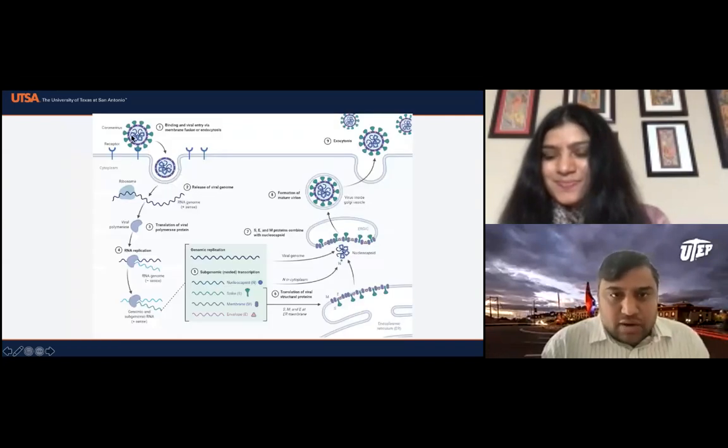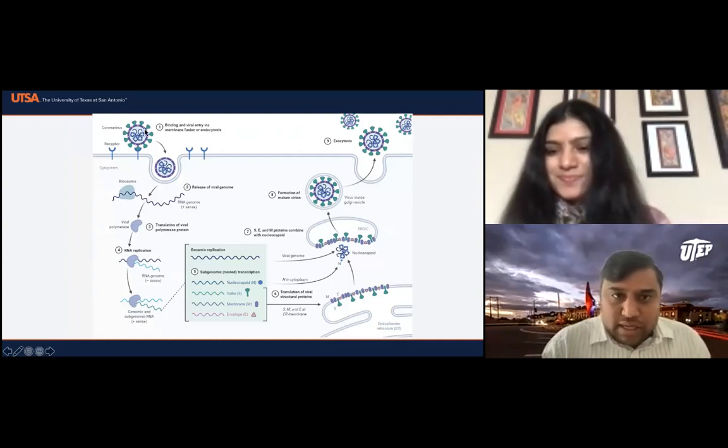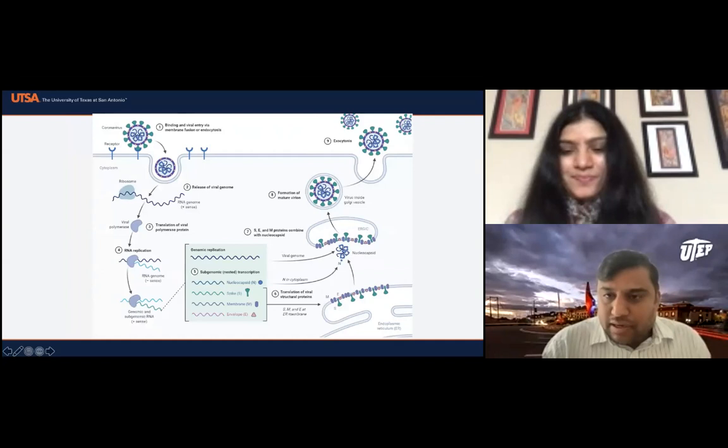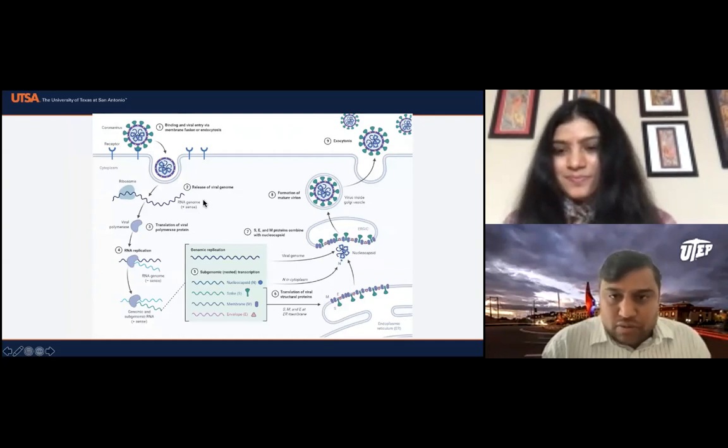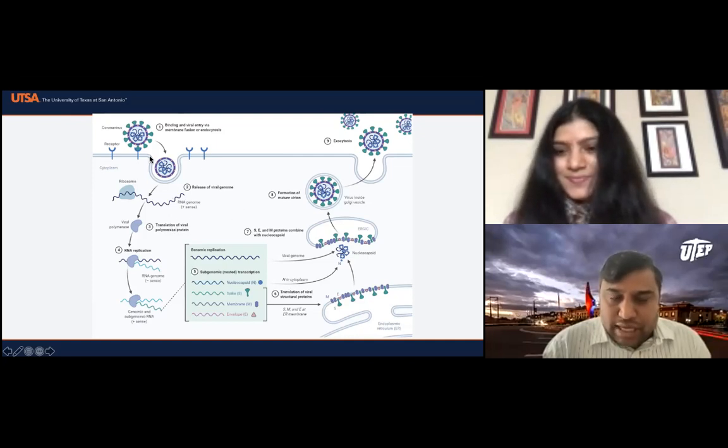The coronavirus goes inside the cell, replicates, and comes outside. One goes in and a couple come out. During this replication, there are several enzymes, several proteins involved in the replication process. So we are targeting these proteins so that the replication will be stopped.